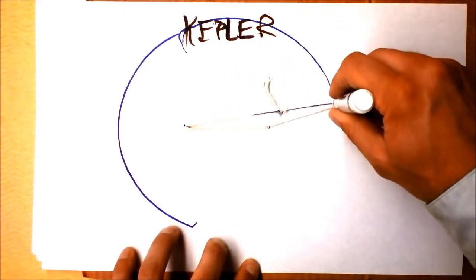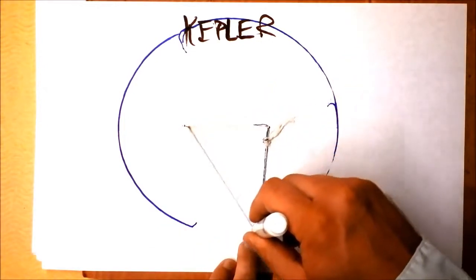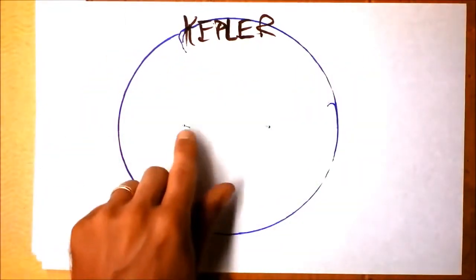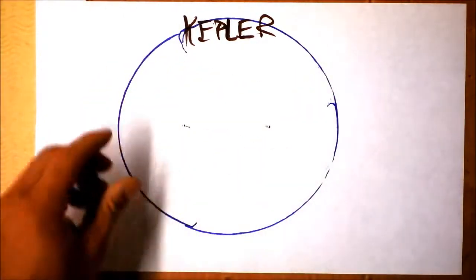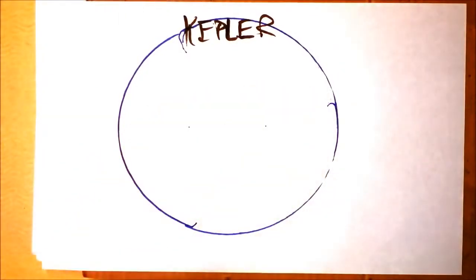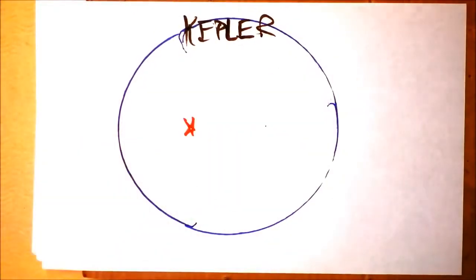Keep working. Okay. So here we have an ellipse, and these are the two foci of the ellipse. This focus and that focus. And Kepler's first law says that the sun is at one of these foci. So I'll give you a bright red star there.